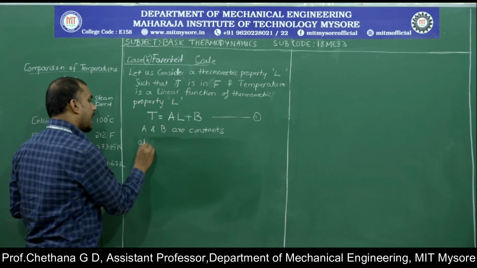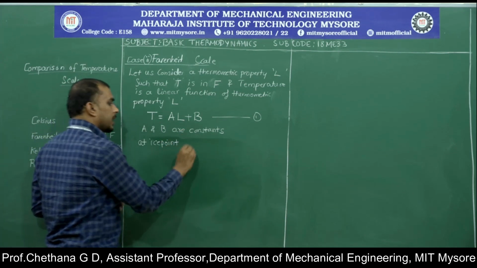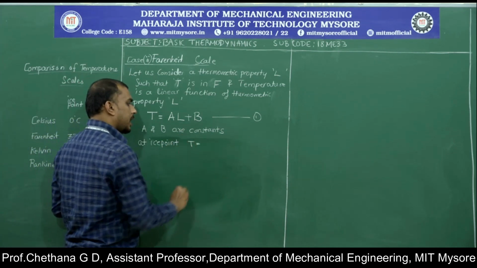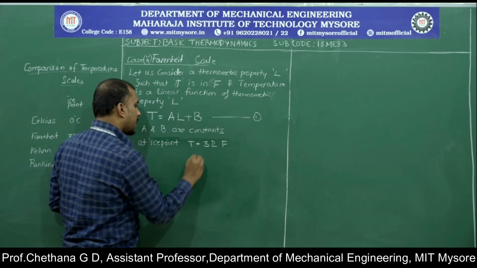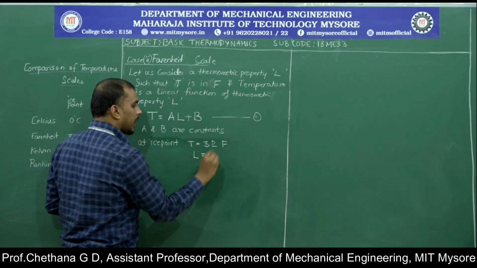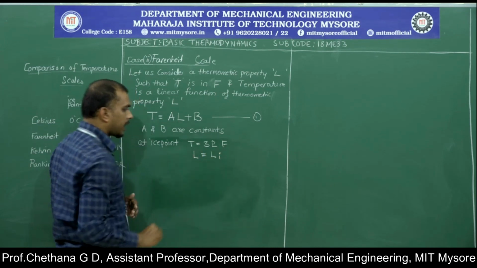At ice point, the temperature in Fahrenheit scale is 32, and you can denote L, the thermometric property, as Li at ice point.